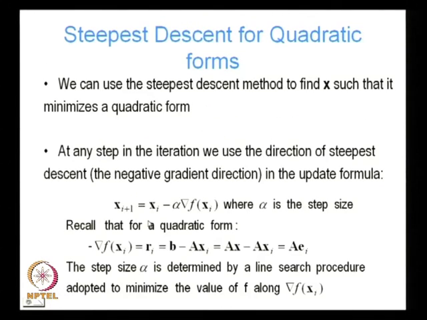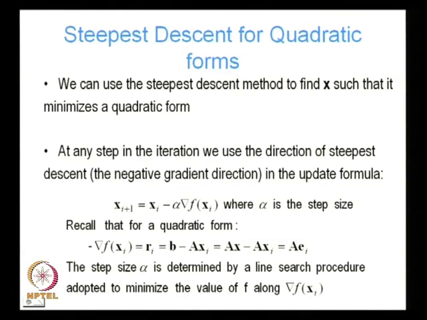So we can use the steepest descent method to find x such that it minimizes a quadratic form. How do we use the steepest descent method? At any step in the iteration, we use the direction of steepest descent in the update formula. Suppose I am at a location xi and I want to go to xi plus 1.